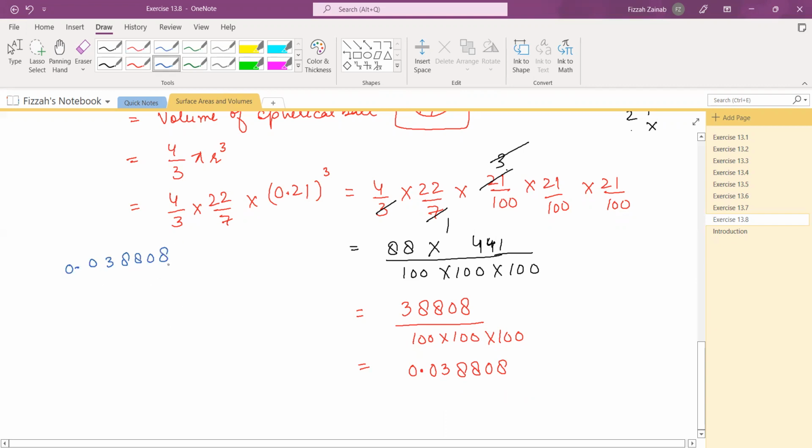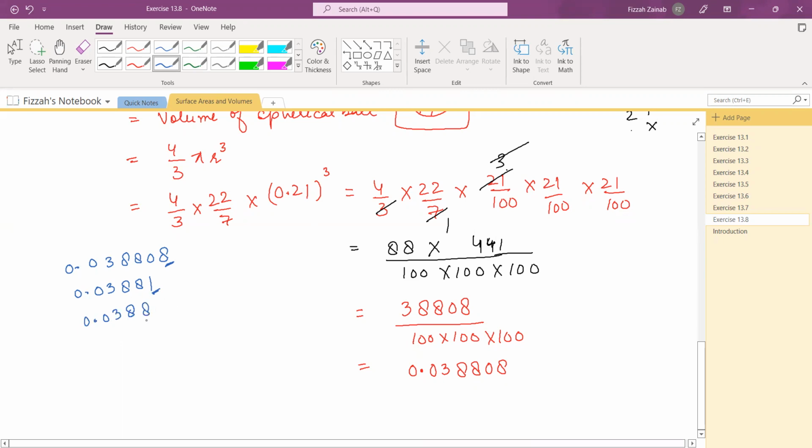In the next step, I'm going to round off this 8 because it's greater than 5. So this 0 is going to become 1. So I'll get 0.03881. Now this 1 is less than 5, so this will remain 8 only. So I'll get 0.0388. 1 is gone.